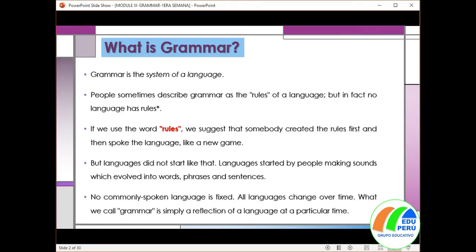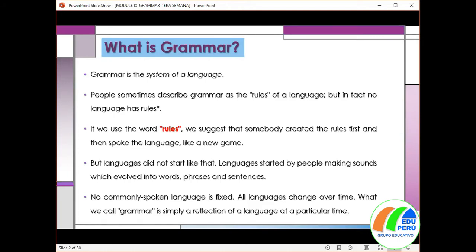When we analyze the structures, the patterns of a language, we analyze the structure or patterns of that period, of that moment. For example, if we talk about English, the language that we are learning, acquiring, and teaching, English has three important periods or stages: Old English, Middle English, and modern or contemporary English.